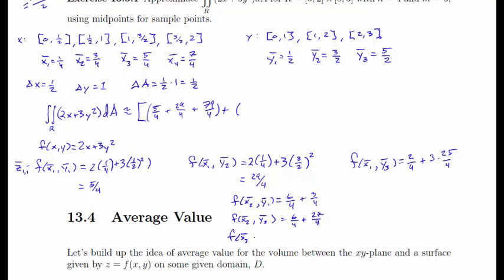F of x sub 2 y sub 3, the 6/4 stays, and then we have 75/4 over here. So now I've got 9/4 plus 33/4 plus 81/4.